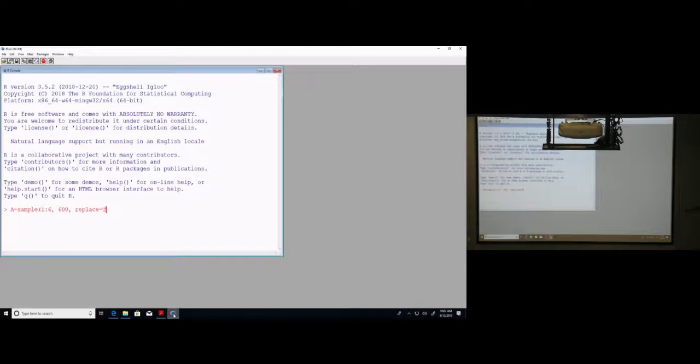Rolling a die is similar to putting 6 tickets in a hat. One ticket is labeled 1, the other 2, and so on. Replace equal to true means that after I take the ticket, I note the number and put it back, so I go back to the original situation every time. Then we should specify the probability of the tickets, where some tickets are bigger, so you have a higher probability to pick the bigger ticket.